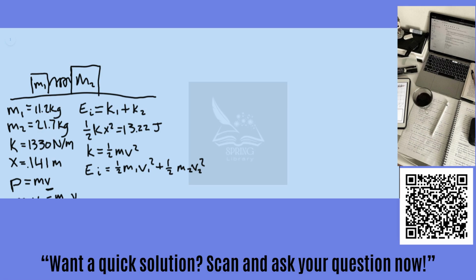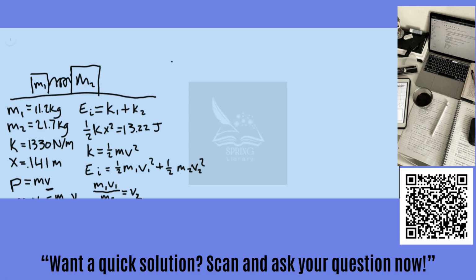We can solve for either v2 or v1. I'm going to solve for v1, but you can solve for either one, whichever one makes you happiest. So I'll write it over here: m1 v1 divided by m2 is going to be equal to v2. There we go. Now we have two equations and two variables, so we can solve, and we'll be able to find v1.